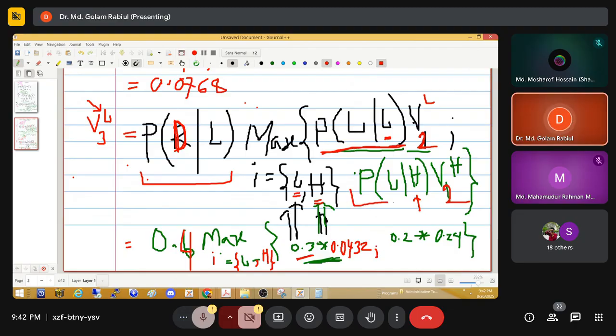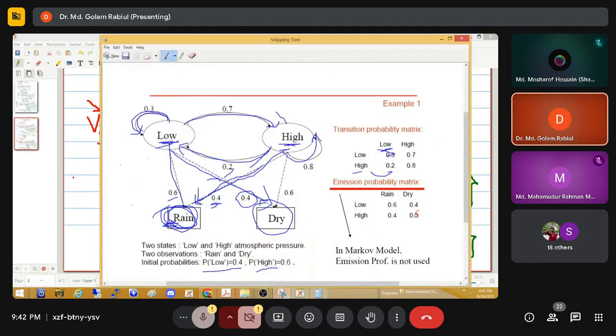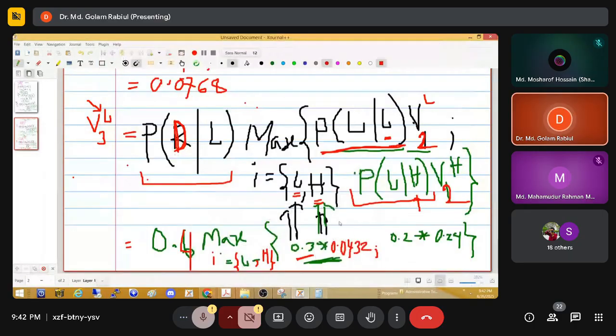Okay, now we have to consider this probability from our model. We can see probability of L given H. This probability of low atmospheric pressure from high atmospheric pressure is 0.2.